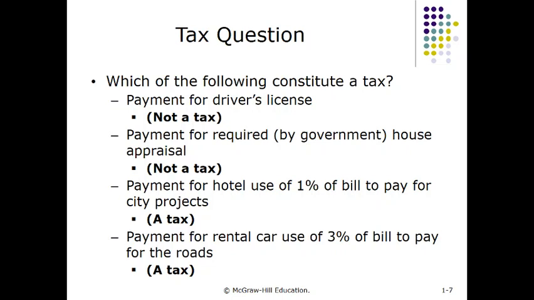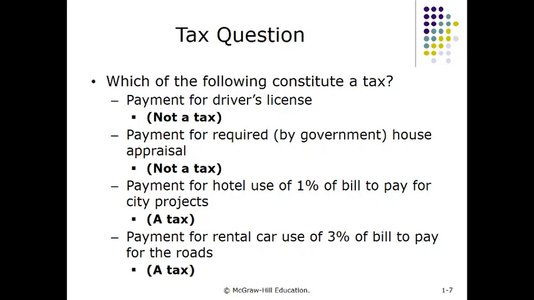Payments for hotel use of 1% of the bill to pay for city projects. So here you've got a payment that's being earmarked for a certain use, and as the book points out, that's a tax because you're not receiving a particular specific benefit from that.